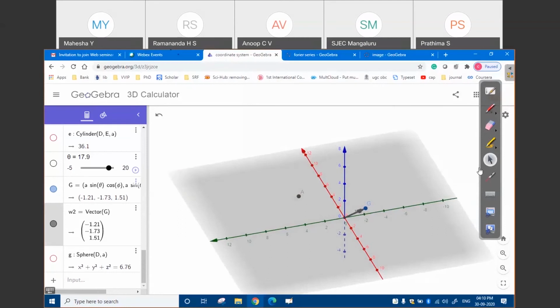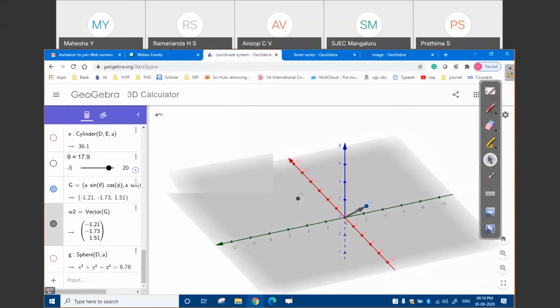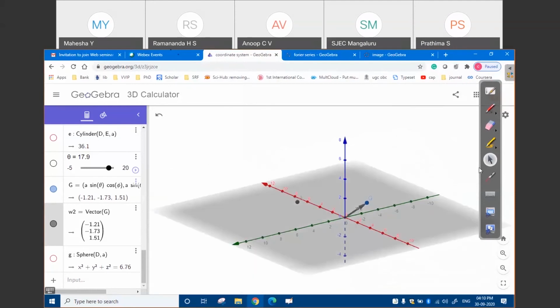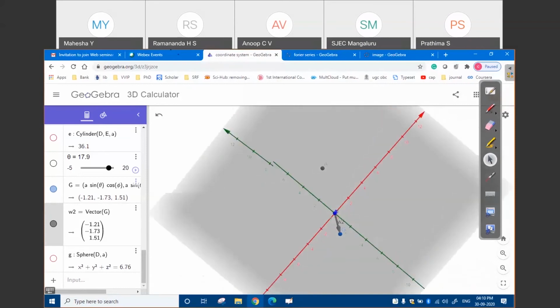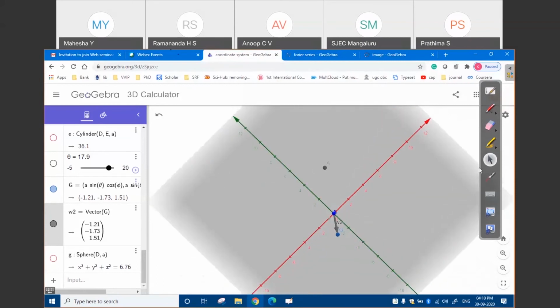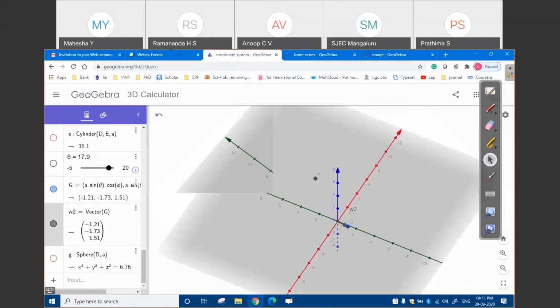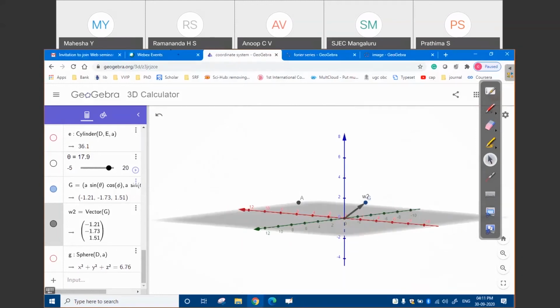r is the length from the origin to that point, and phi is the angle from the x-axis. I can show it like this. This is the angle between the x-axis and the projection, and theta is the angle with the z-axis.